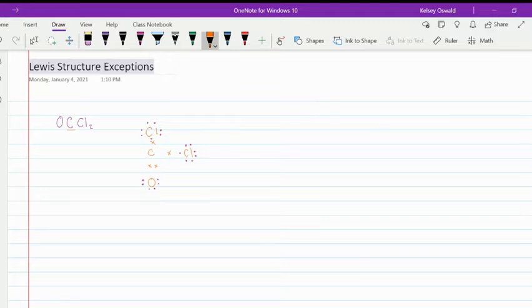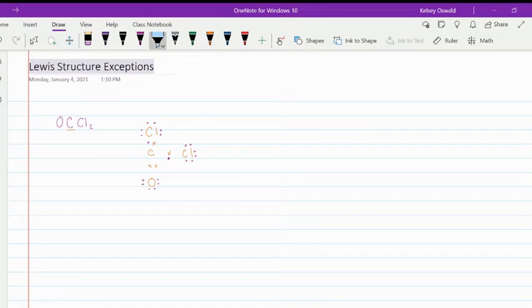Right now, carbon only has 4 valence electrons. So it's going to want to pair up with the atoms that it gave electrons to. If it gave an electron to chlorine, it's going to want chlorine to share 1 electron back with it. Likewise, the second chlorine is going to share 1 of its electrons with the carbon. We're not adding or removing any electrons. All we're doing is moving them around.